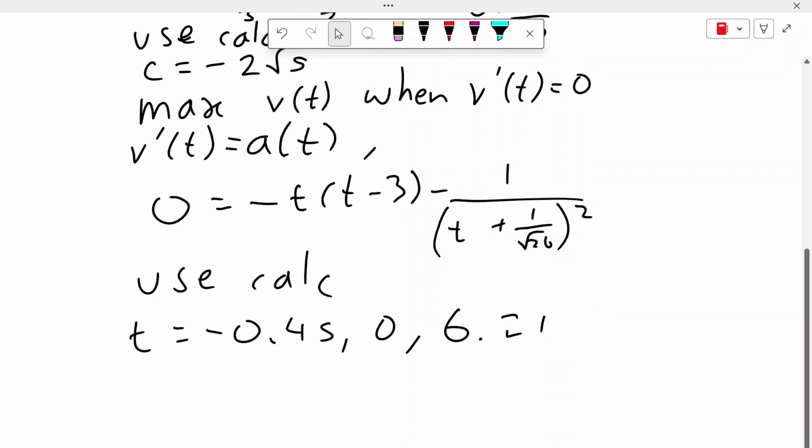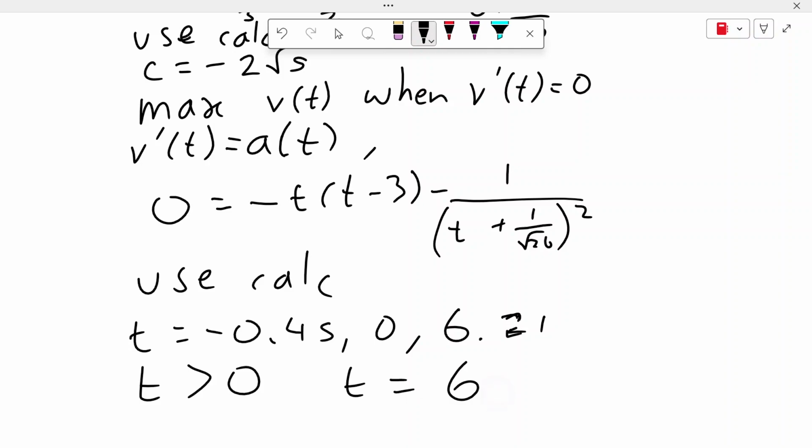We have to say that our value t must be greater than or equal to 0. And we know that, well, it has to be greater than 0. So t is therefore equal to 6.21. All right. So now that we know that, we can then substitute our value into velocity.